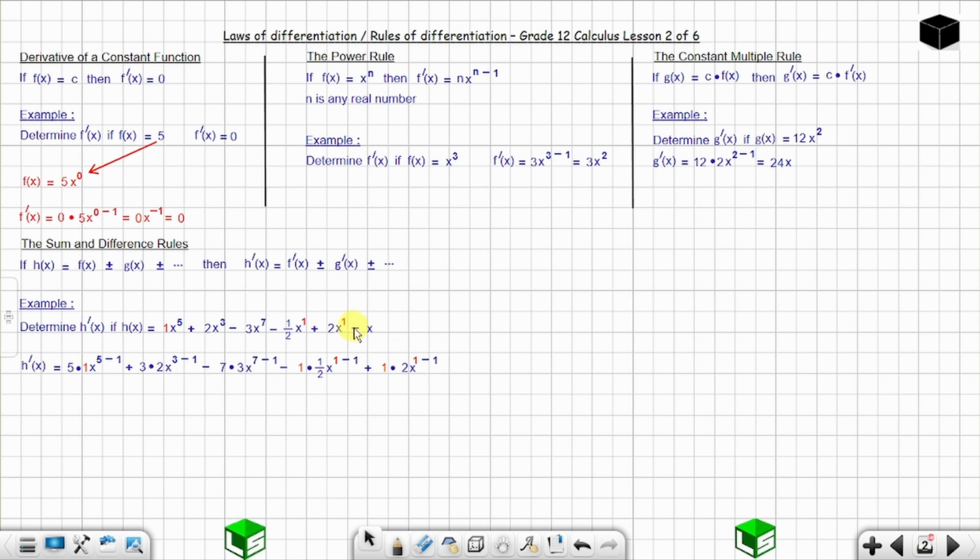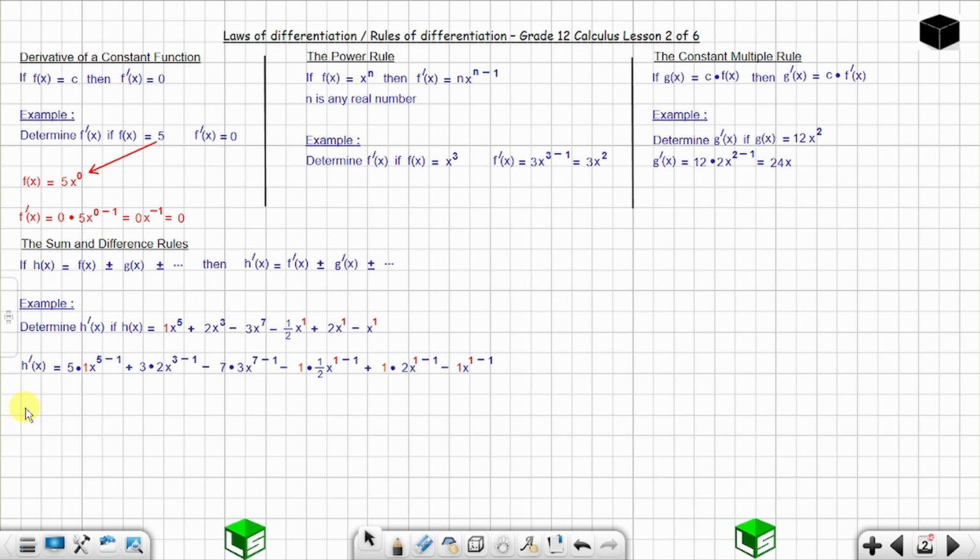Let's carry on. You have minus. You have the invisible exponent of 1, and you have another 1 in front of this x, which is your coefficient. So you have 1 times the 1 in front of x, which is 1, and then x to the power of 1 minus 1.